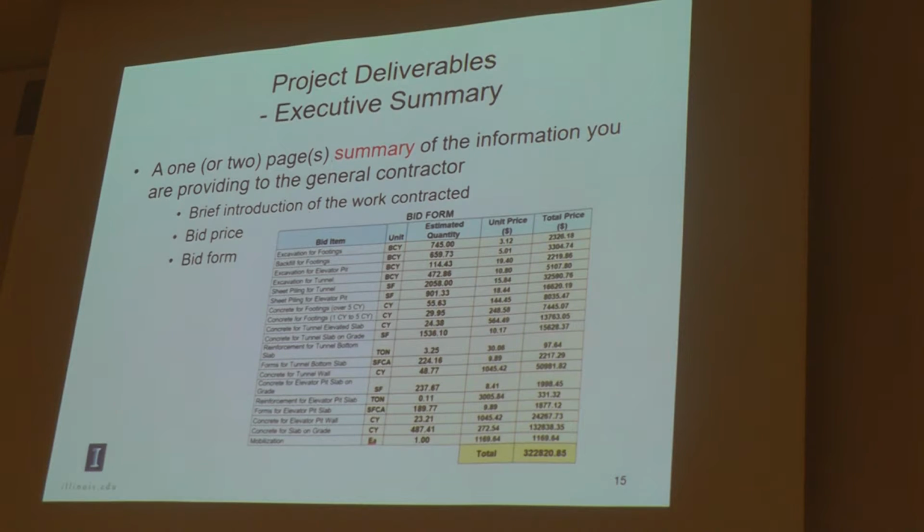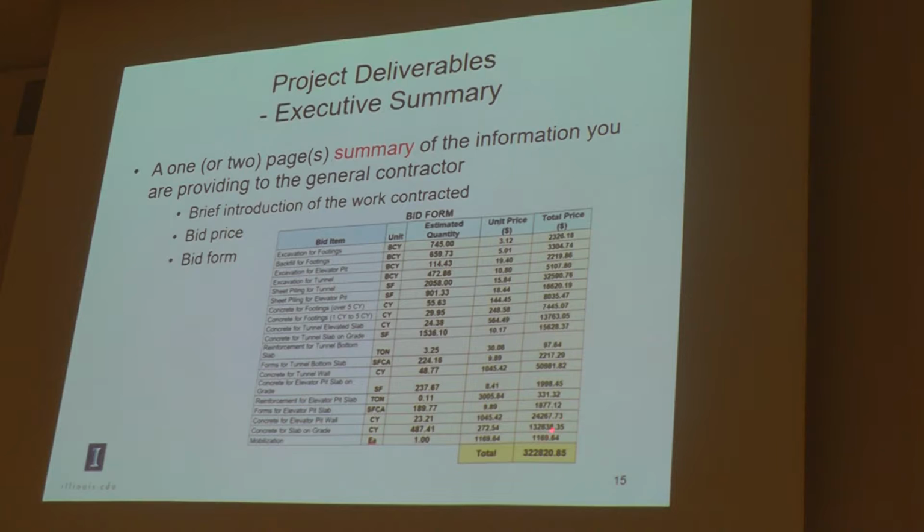And the last is the bid form. As you can see, this is the bid form. It contains bid items. The bid items are the cost items we already have in the work breakdown structure. It also has the unit, the estimated quantity, the unit price, and the total price. Finally, you will have a bid price, for example, here.